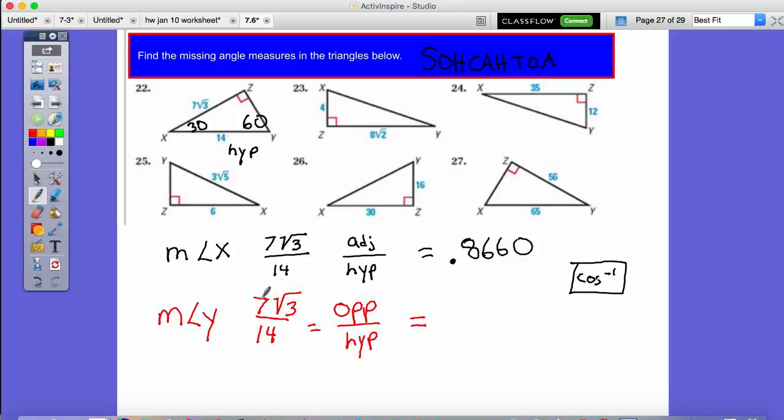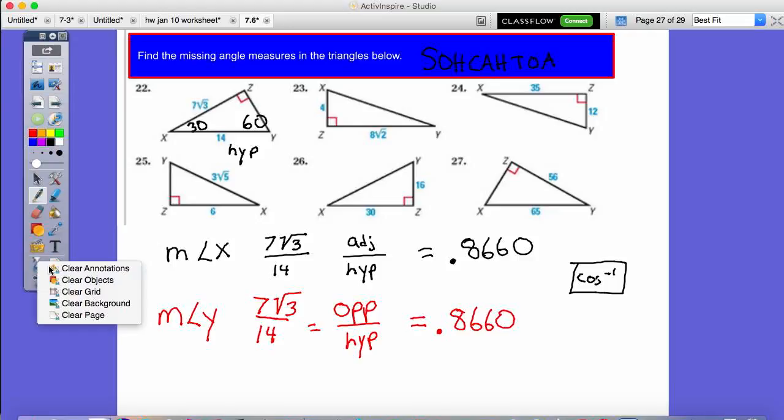Once again, 7 radical 3 divided by 14, when I do all that work, is 0.8660. But now, instead of using cosine, I'm using sine because I have the opposite divided by the hypotenuse. Of course, my calculator died here, putting that back on, so 0.8660, second button, and then the sine inverse gives me 59.997, which rounds to 60. So I know that my answers are correct for 22.